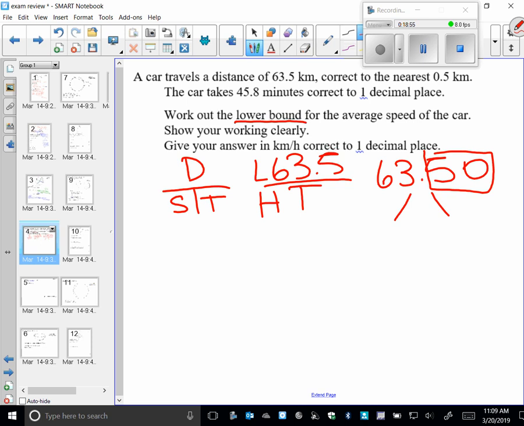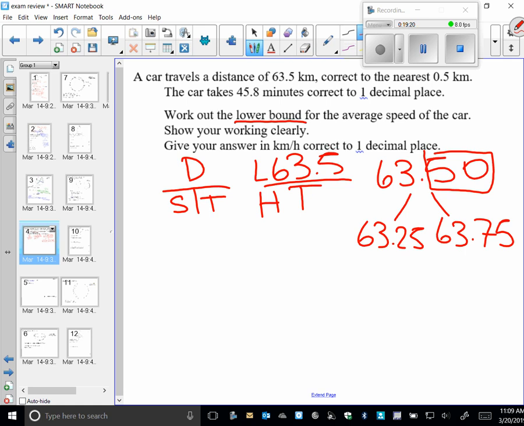So for the higher bound, it will be 63.75, because 75 is in between 50 and 100. That would be the upper bound, and then 63.25 would be in between 0 and 50.